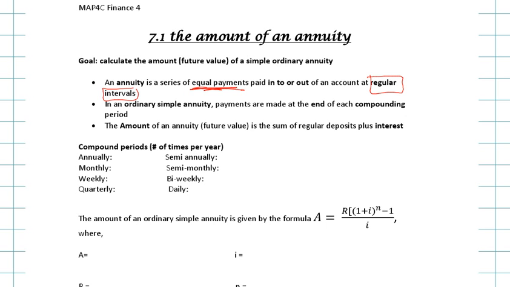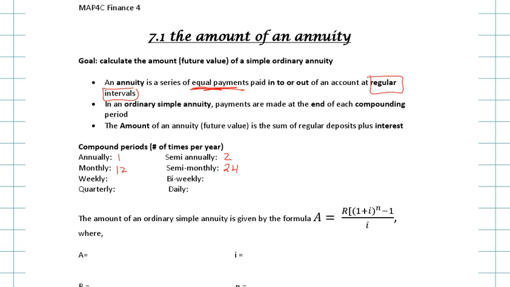How about semi-annually? 2 times a year. Monthly, we said it's 12. Semi-monthly? Semi-monthly is different than bi-weekly. How many semi-months do I have? 24, right? I have 12 months a year, and if you're doing every half a month, that's 24 times.